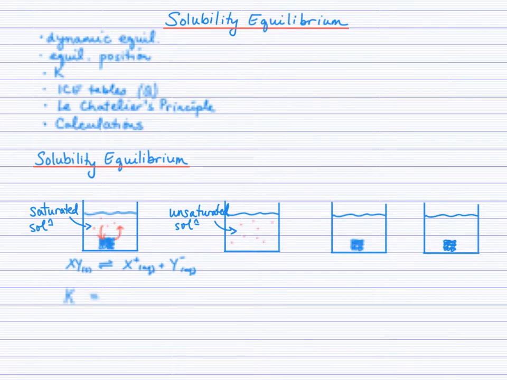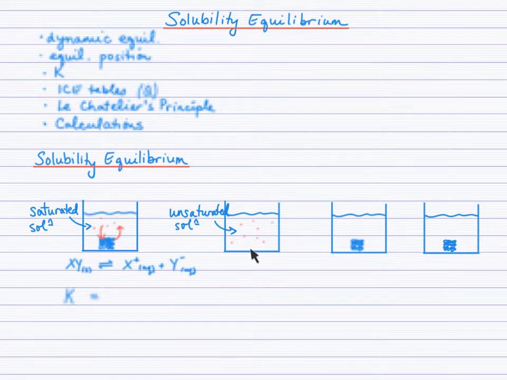But typically, if we do not see excess solute, the assumption is that the solution is unsaturated. So if you've prepared the solution yourself and perhaps started with this mixture where you had excess undissolved solute and then filtered it to remove the solute, then you'd know for sure the solution you have left behind is saturated. Here we don't have any of that knowledge, so we would assume that the solution is unsaturated.